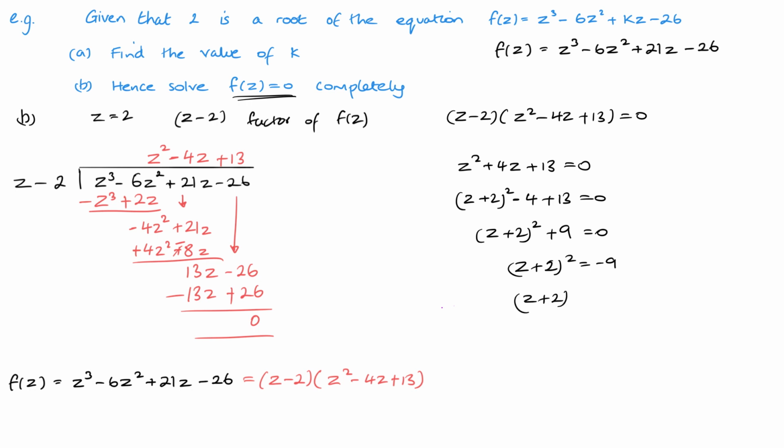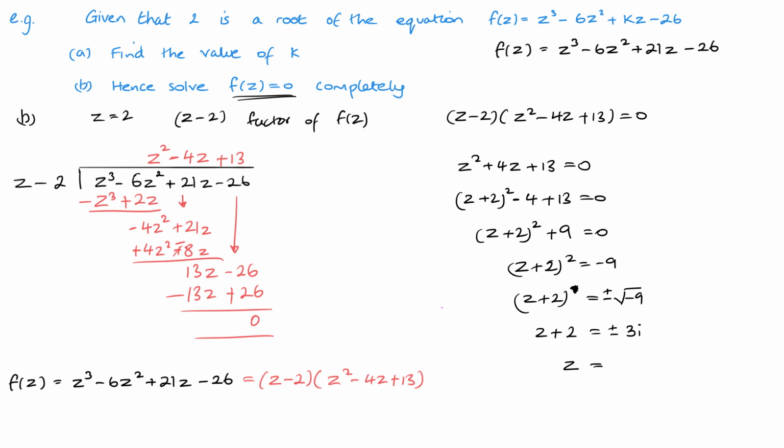So z plus 2 equals the square root then of minus 9. You remember from previous ones, it's obviously plus or minus there. So sorry, get rid of that squared. z plus 2 is equal to plus or minus 3i.